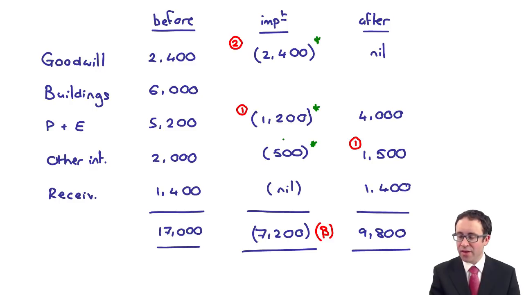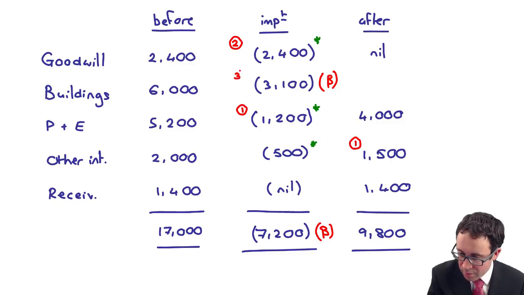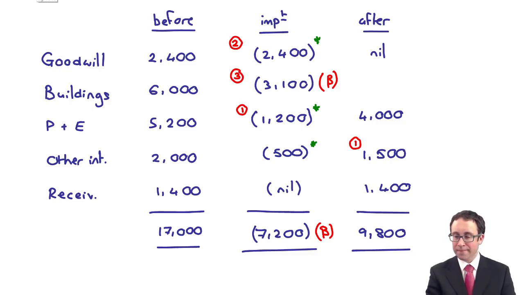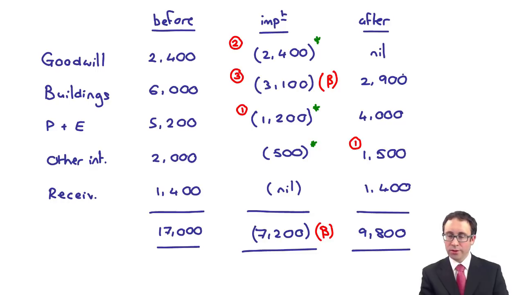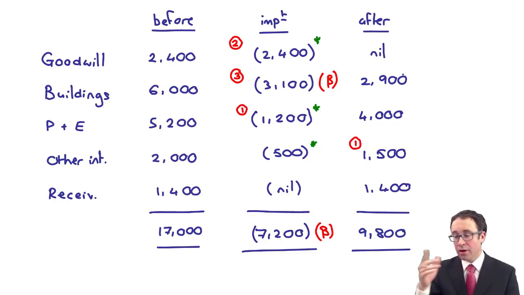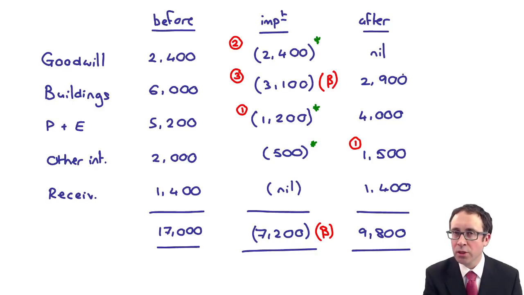There is 7,200 to allocate. So the balancing figure here as part of step 3 is 3,100. Okay. Giving me, is it 2,900? Okay. There we go. And if you were to total up that after column, it should all come to the 9,800, which it does.